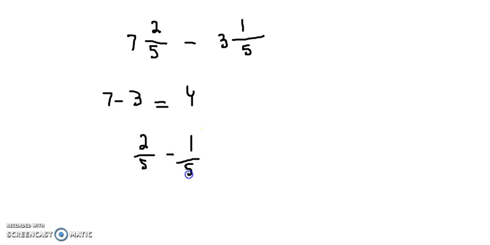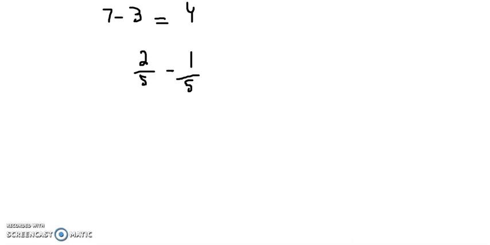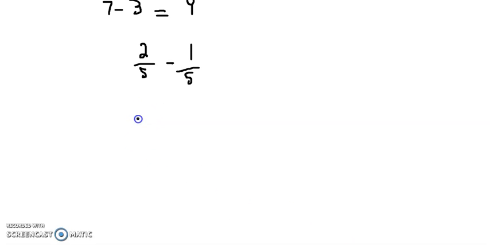Here we don't need to take the LCM because the denominators are already the same, so we can just keep the common denominator and subtract the numerators, and by doing that we will get 1 by 5. So in this case our answer will be 4 whole 1 by 5.